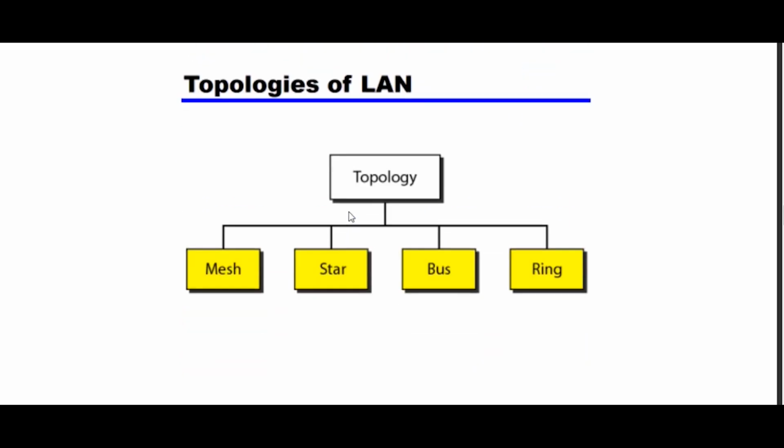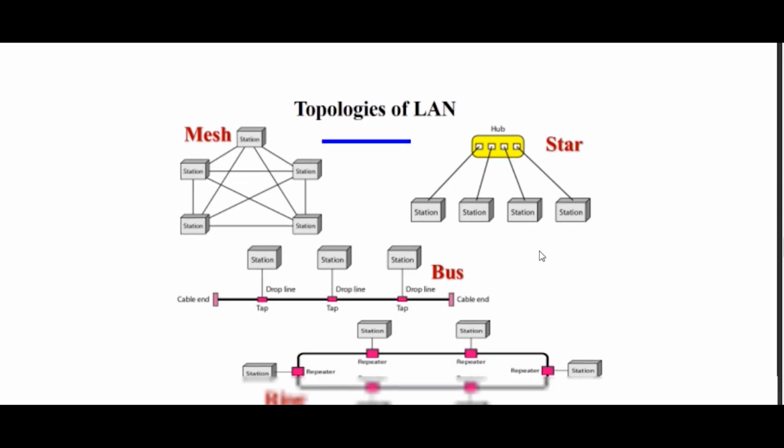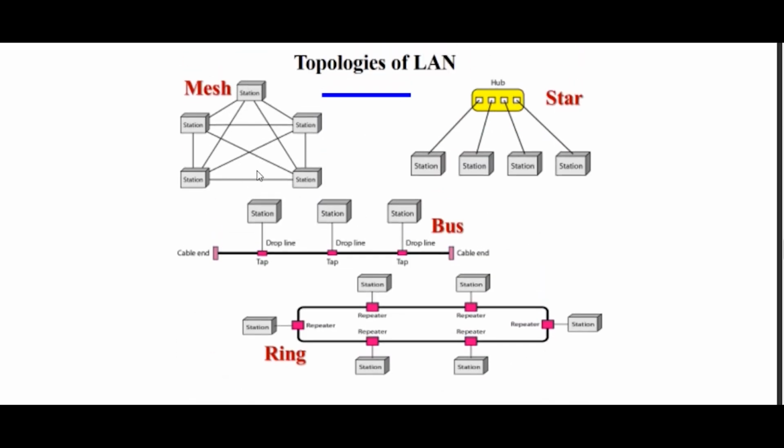The local area network has four types of topologies: mesh, star, bus, and ring. You can see in mesh, one station is connected to every other station, and similarly, all other stations are connected in the same way.